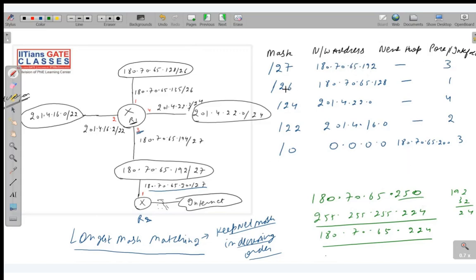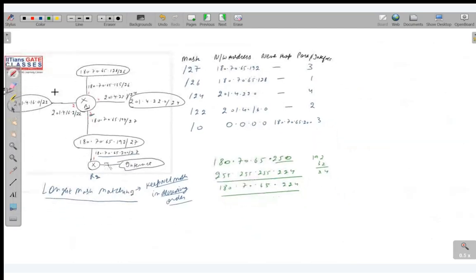Now I will try to apply /26. So it is hit and trial. For 180.70.65.250, the net mask is 255.255.255, and /26 means 192.